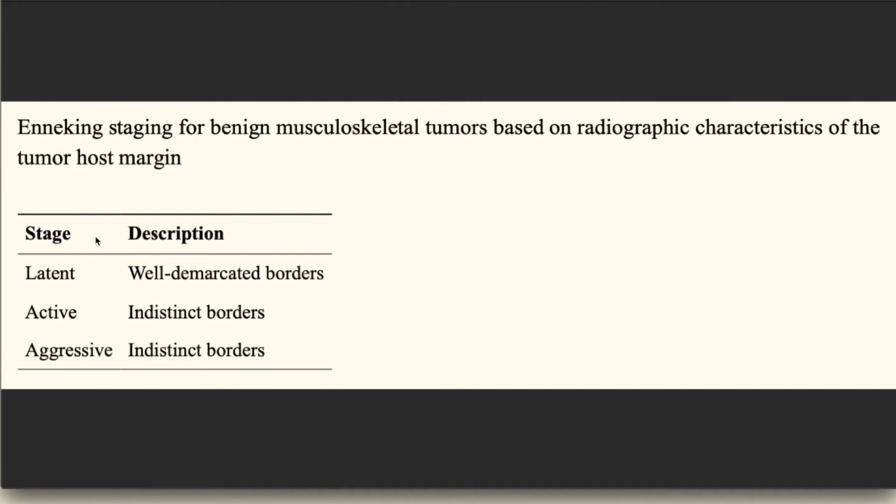Enneking has mentioned that in benign cases, the tumor can be divided into latent, active, or aggressive based on the description of the borders, whether they are well-demarcated borders, indistinct borders, or unclear borders, such as in aggressive cases.